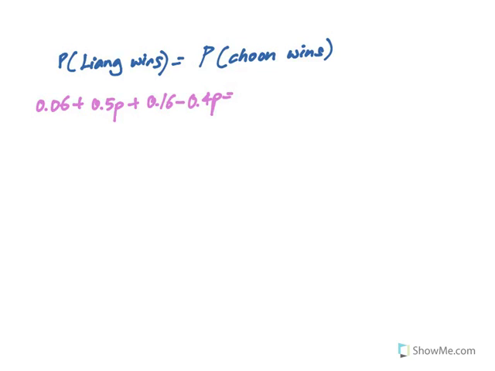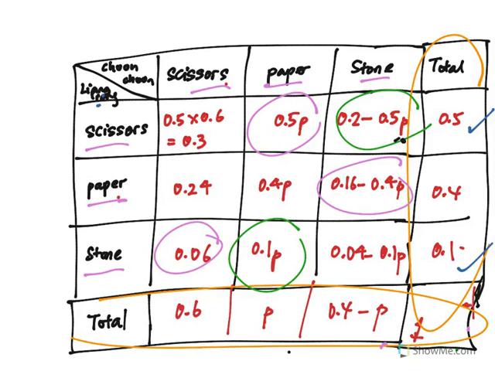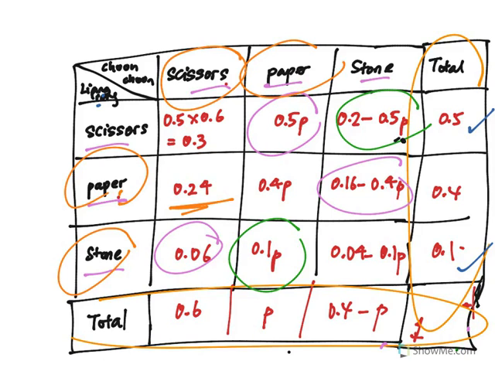How about if I want Chun to win? Let's say I use another color, maybe orange. Probability of Chun to win. Chun wins means, for example, Chun gives scissors, Liang gives paper, so 0.24. If Chun gives paper, Liang gives stone, that is 0.1p, correct?